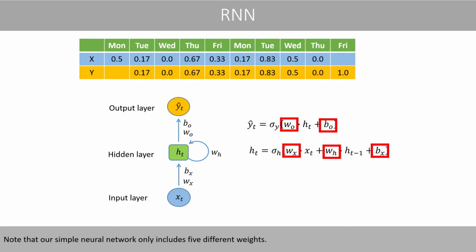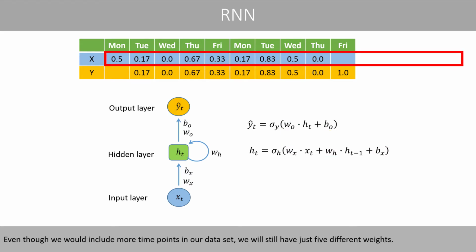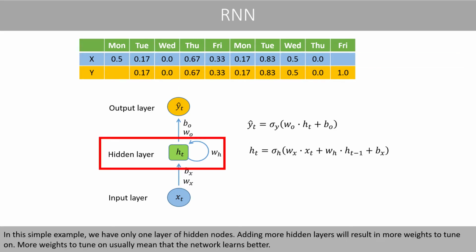Note that our simple neural network only includes 5 different weights. Even though we would include more time points in our dataset, we will still have just 5 different weights. In this simple example, we have only one layer of hidden nodes. Adding more hidden layers will result in more weights to tune on.